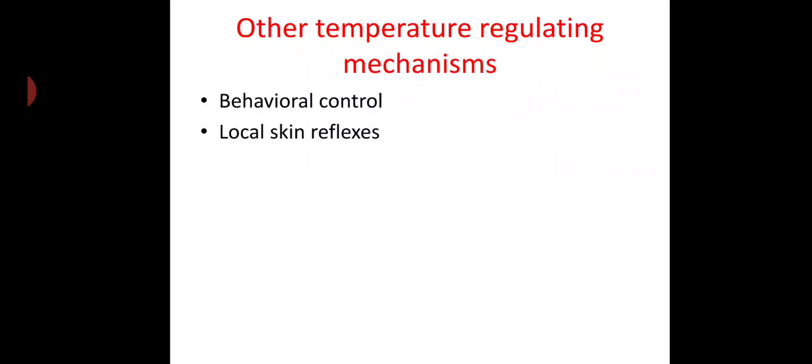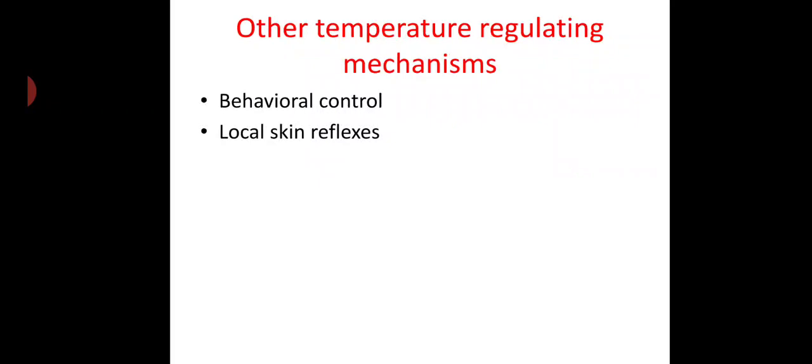And the second is local skin reflexes. The name itself indicates it is local, it is not general. Suppose you put your hand in cold water, then what will happen? Your blood vessels will do vasoconstriction in that particular hand only, not in your whole body. So this is a local response.